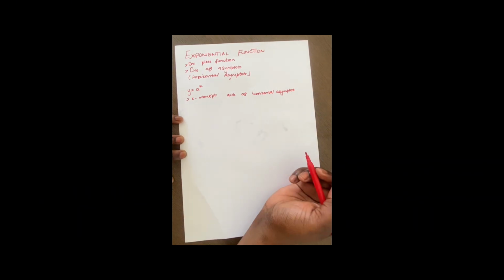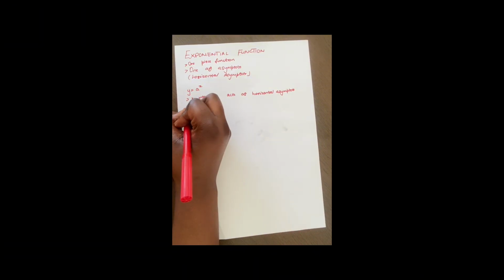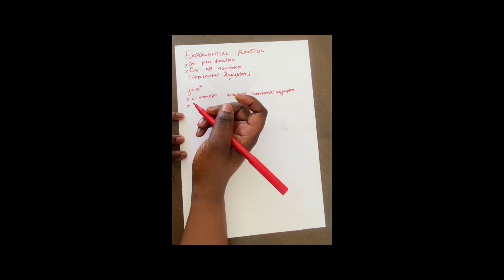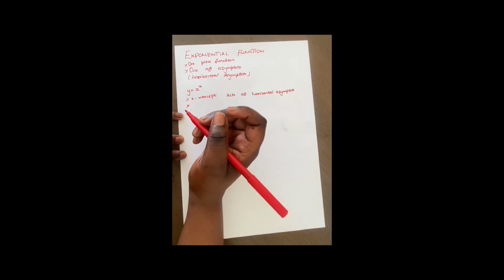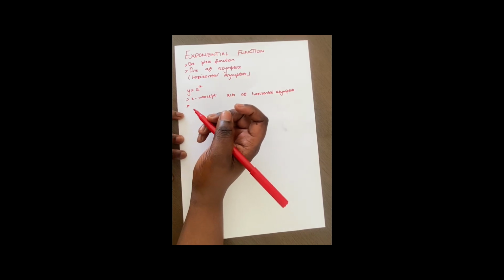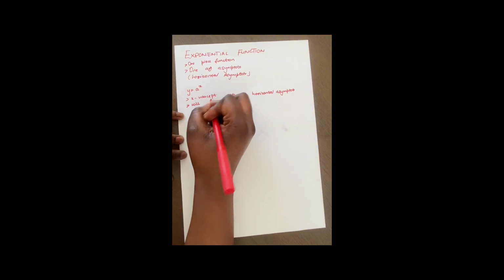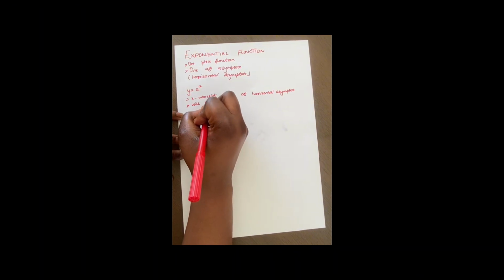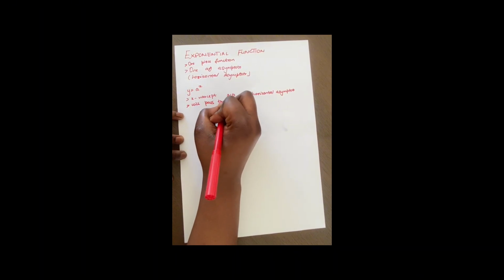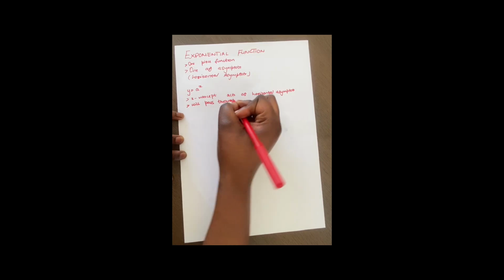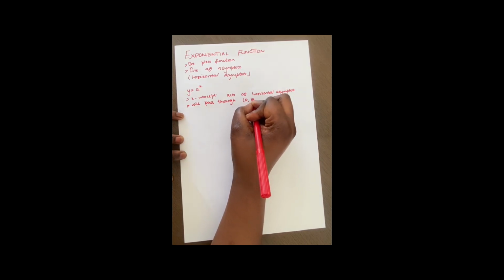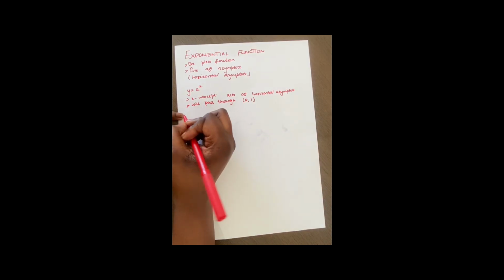All right, and then where will the graph pass in this standard form? In this standard form, or in the original function, your graph will always pass through the point (0, 1). How? Let me show you how.